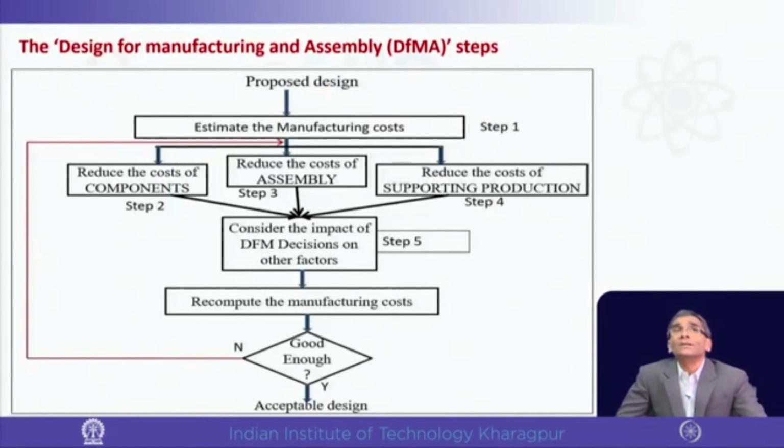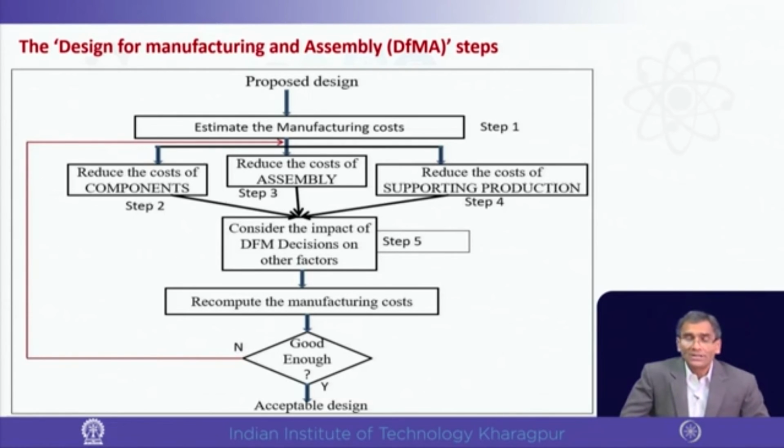Here you see in one diagram we are bringing all the components, so that the process can be understood on just one page. For a proposed design, whatever is being conceived, estimating the manufacturing cost is step 1.